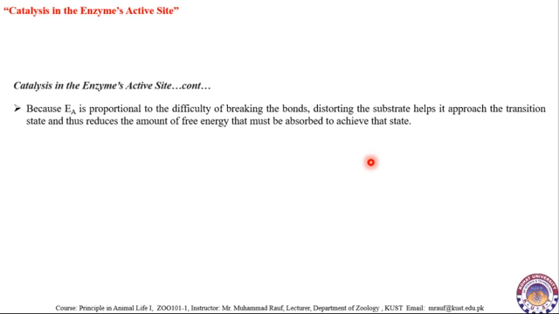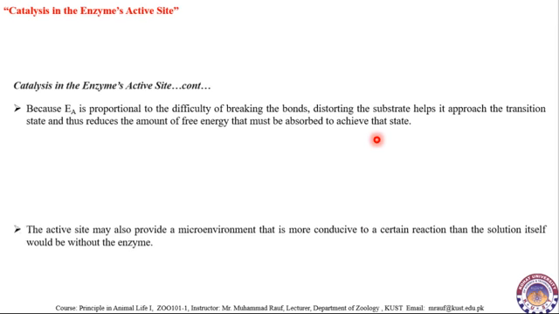So what the enzymes do is that they considerably decrease this activation energy because the interaction of the active site of the enzyme with the substrate weakens the bonds in the substrate. Therefore, lower energy will be required to break them. Lower free energy will be required to break them.